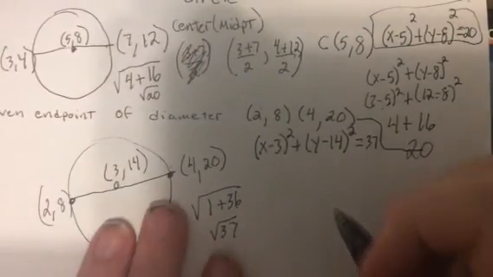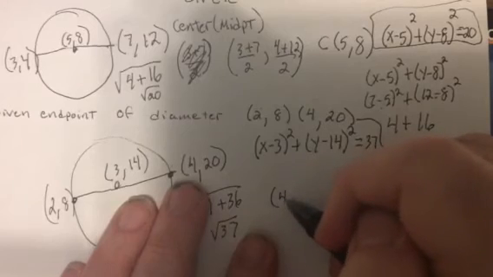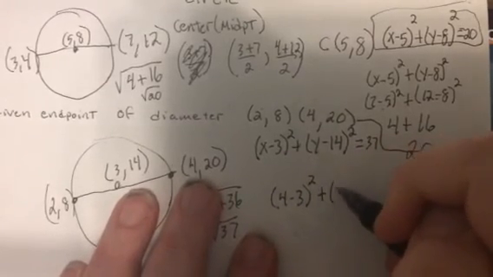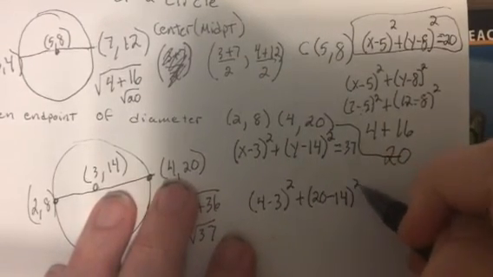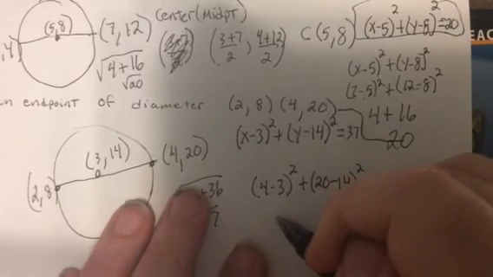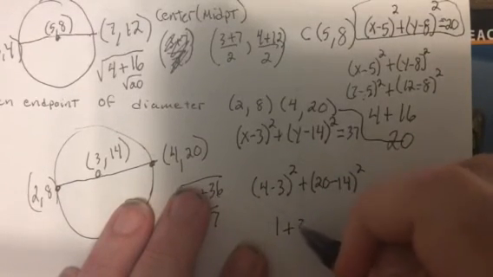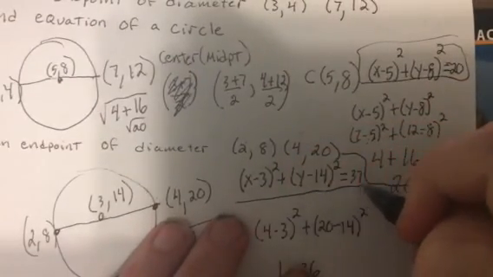Or you could say, wait a minute, the endpoint has to cause this to be true, so put it in the left side of the equation. So it'd be 1 squared is 1, plus 20 minus 14 is 6. 6 squared is 36. So it has to be 37.